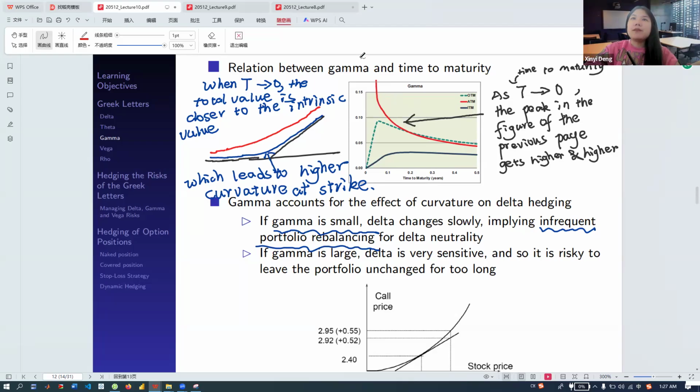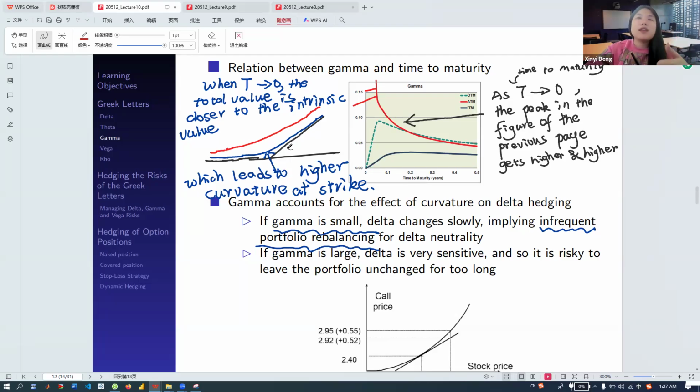So, how can we get the intuition for that? Why is the gamma becoming higher and higher when the maturity is reducing? We can get the intuition from the total value curve and the intrinsic value curve.